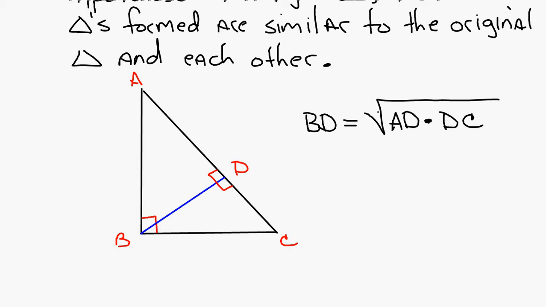So it's been simplified down to say that the altitude drawn to the hypotenuse of a right triangle is called the geometric mean of the two pieces it creates. The geometric mean of two numbers is the square root of the product of the two numbers. Got it?